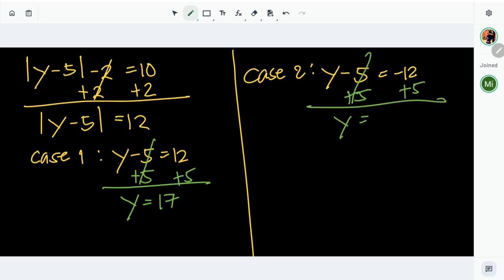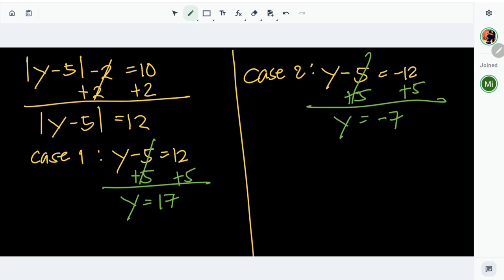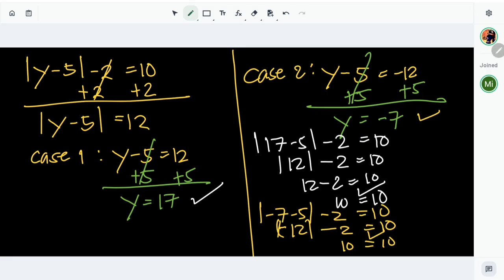Then y is equal to 12 minus 5 is 7. Negative 7. Yes, because that is negative 12 plus 5. Then we check the solutions if they are real solutions to the original expression or equation. 7 is also a solution.